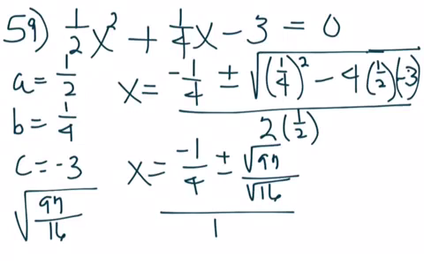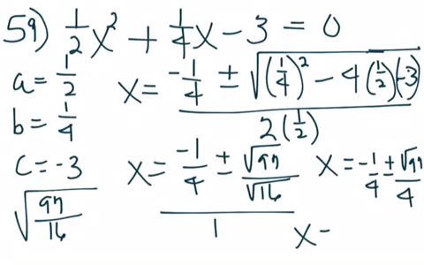So 97 is a prime number. So this would be x equals -1/4 plus or minus the square root of 97, and the square root of 16 is 4. This answer is correct, but the preferred method is -1 plus or minus the square root of 97 all over 4.